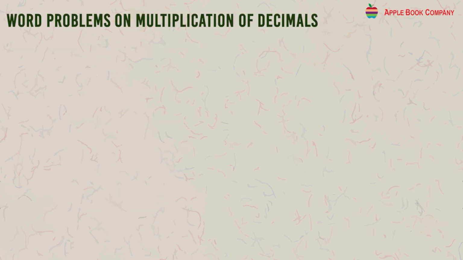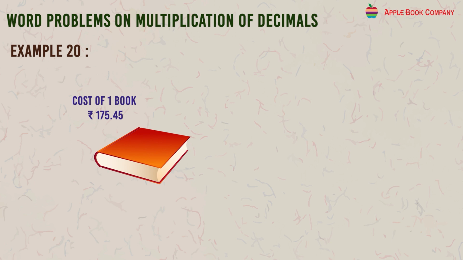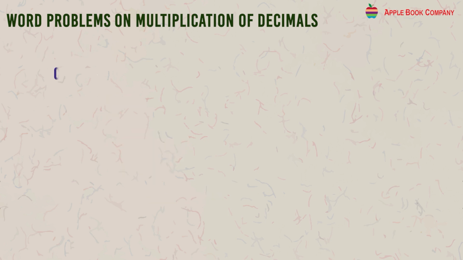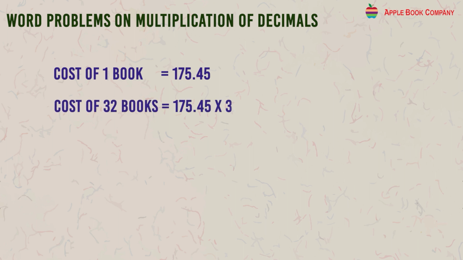Now let us quickly learn the word problems on multiplication of decimals. Example 20. The cost of one book is Rs 175.45. Find the cost of 32 such books. Multiply 175.45 into 32.